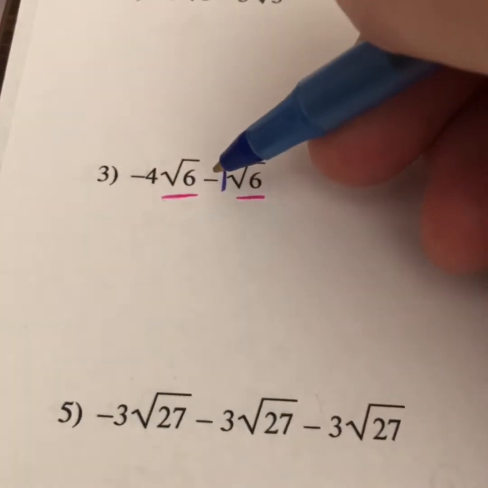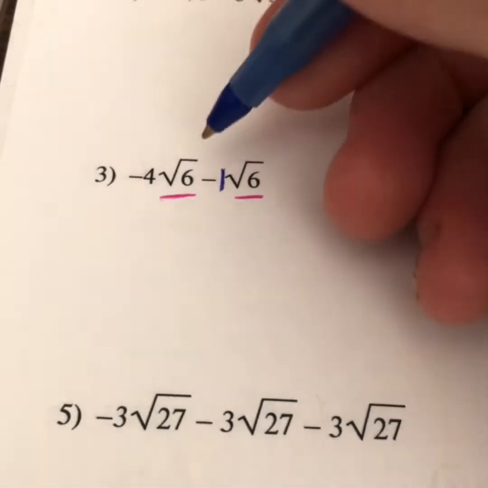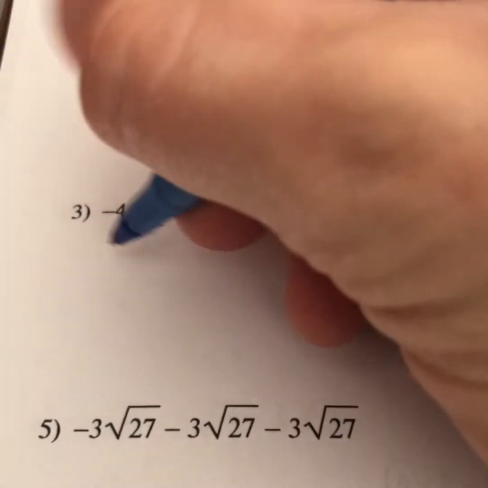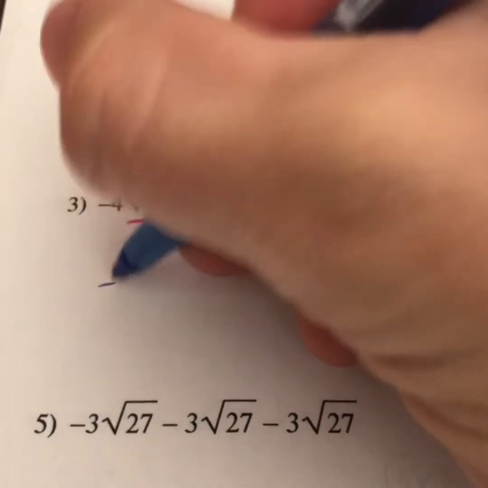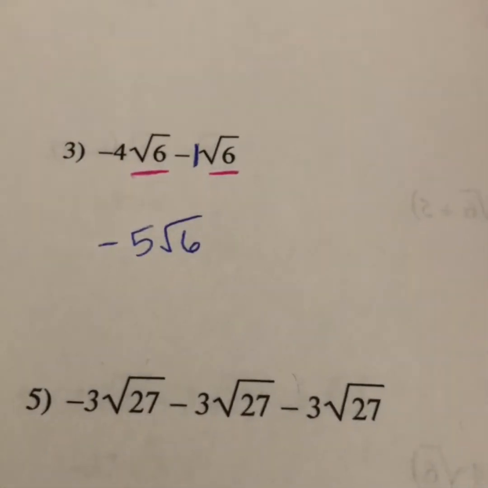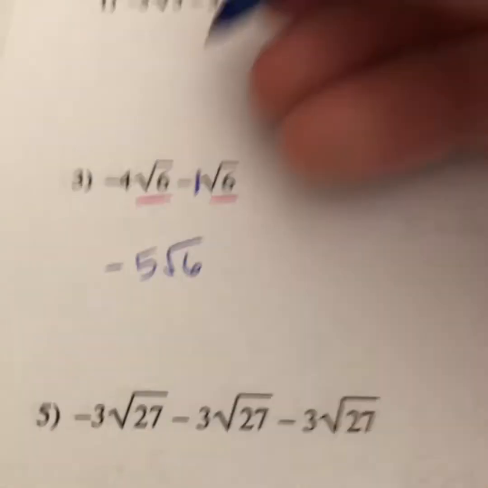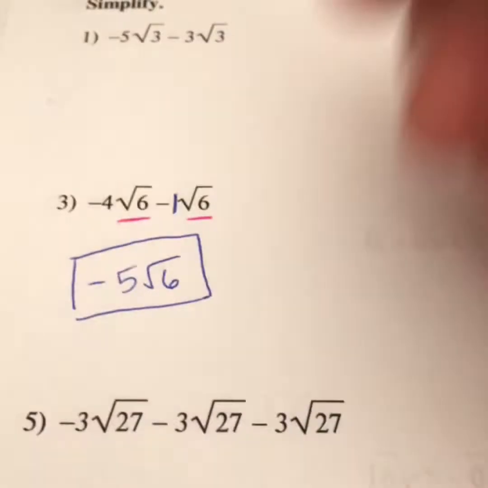We have -4 radical 6 and -1 radical 6. So when we combine those, we get -5. -4 radical 6 minus 1 radical 6 is -5 radical 6. And we ask ourselves, can we break down radical 6 any further? And the answer is no, we cannot. So it's as far as we can go for number 3.